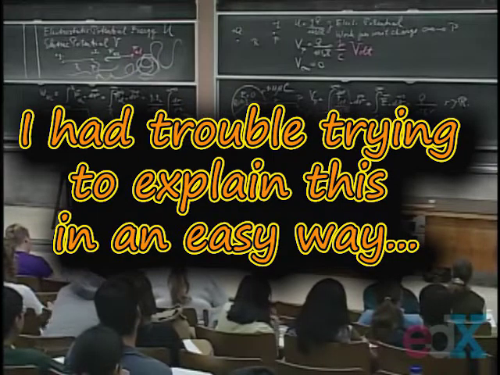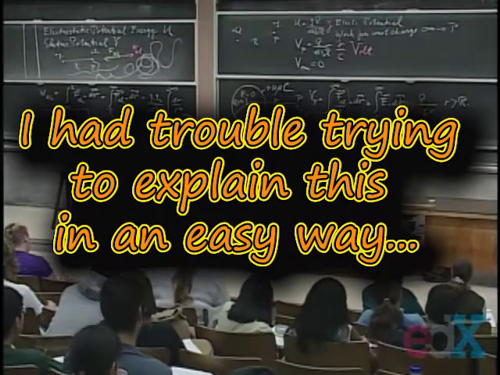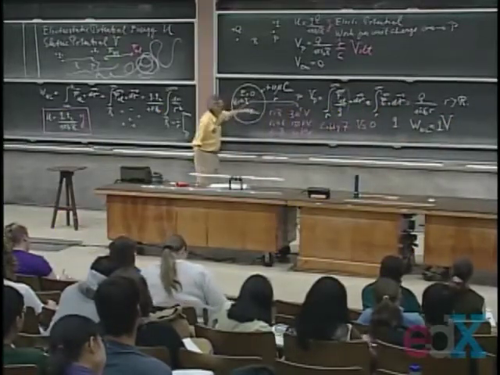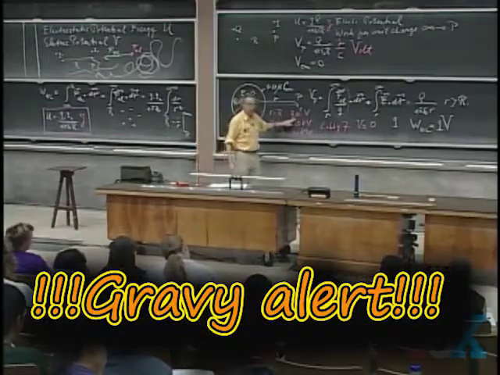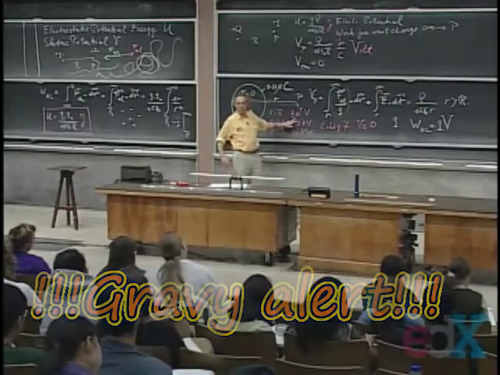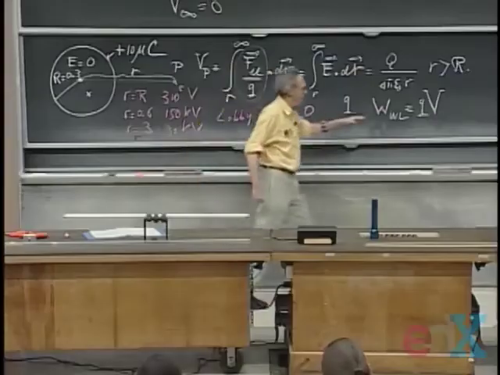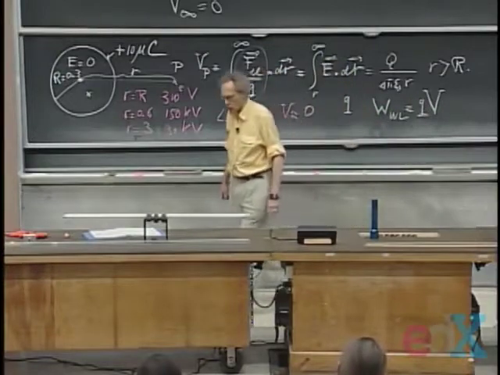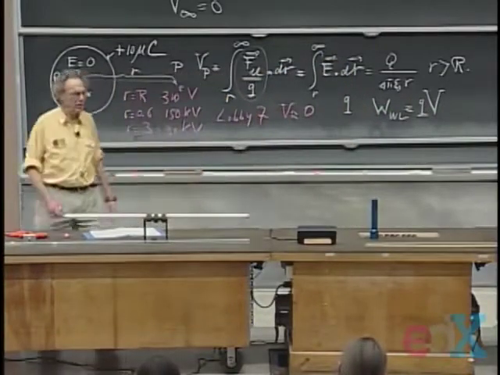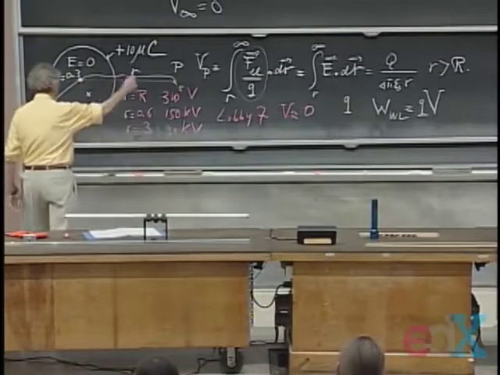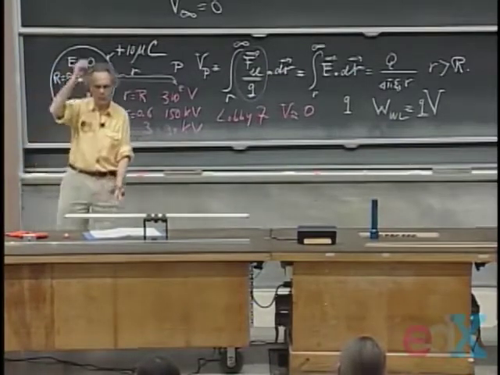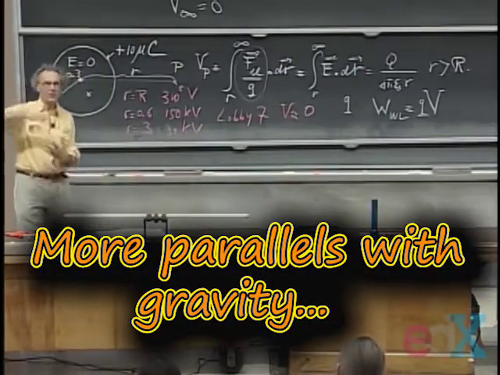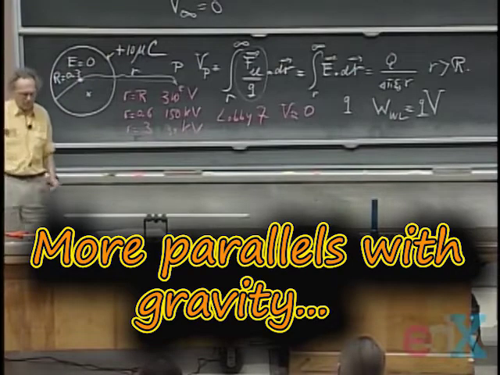And so the work that I have done is the charge that I have in my pocket times the potential, in this case the potential of the Van de Graaff, if I go all the way to this surface, which is 300,000 volts. If I were a strong man and I would put 1 Coulomb in my pocket, that's a lot of charge, then I would have done 300,000 joules of work by just carrying the 1 Coulomb from lobby 7 to the Van de Graaff. That's about the same work I have to do to climb up the Empire State Building. It's the famous mgh, my mass times g times the height that I have to climb.